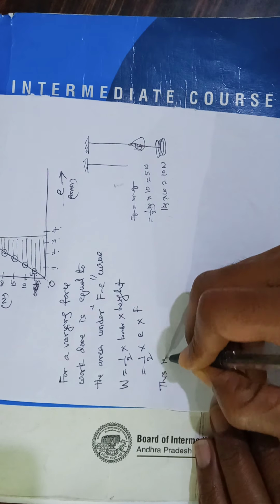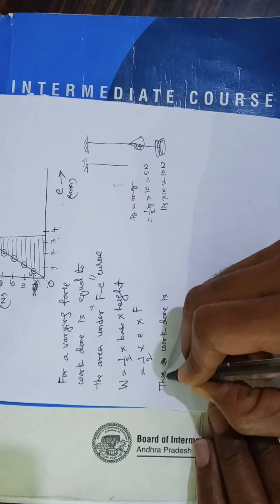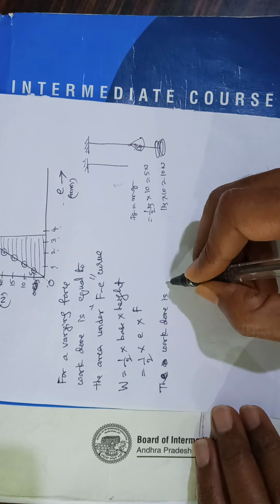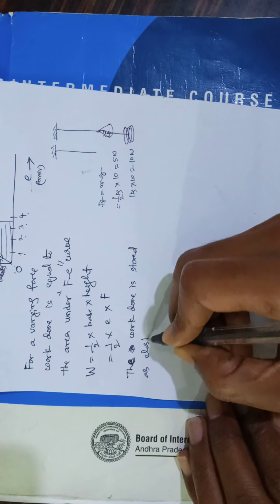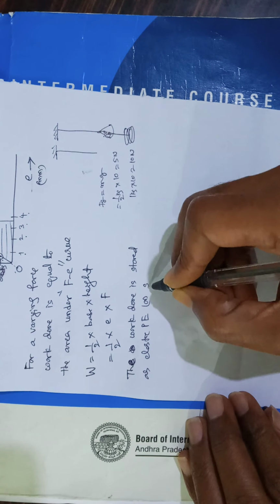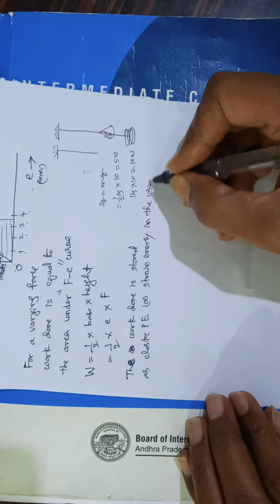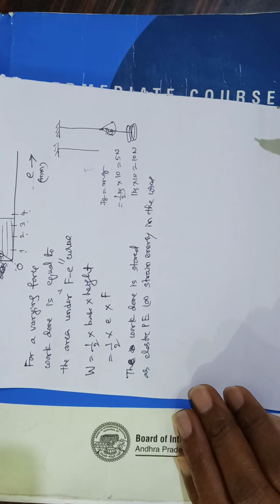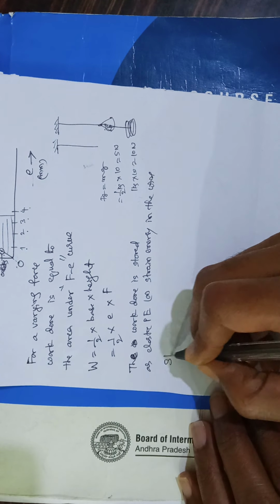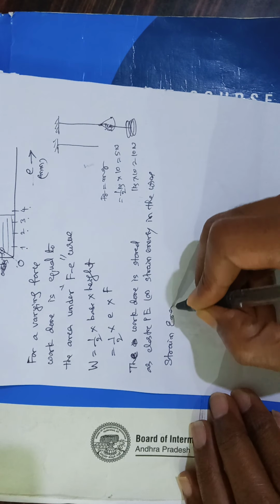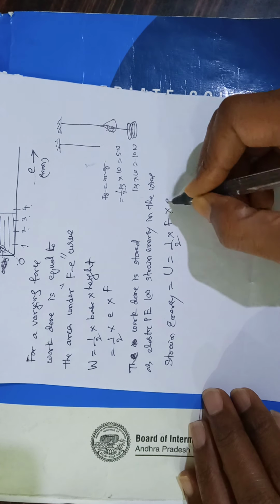This work done is stored as elastic potential energy or strain energy in the wire, and the strain energy is shown by a letter U. So the work done is strain energy, therefore strain energy U is equal to 1 by 2 into F into e.